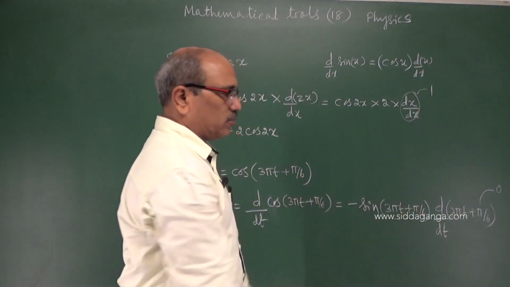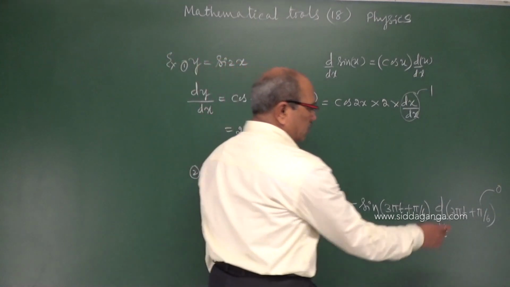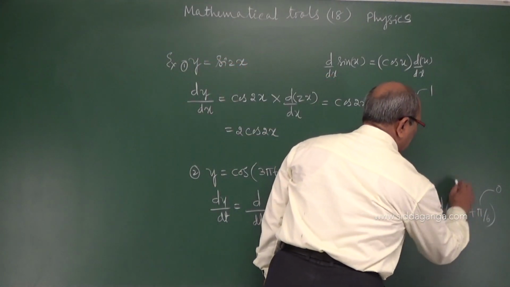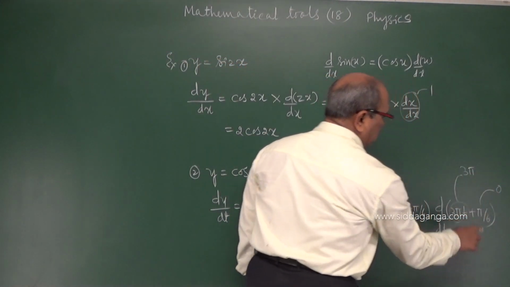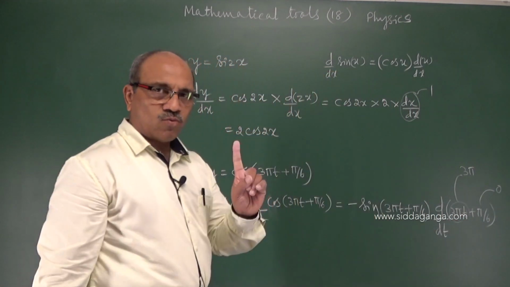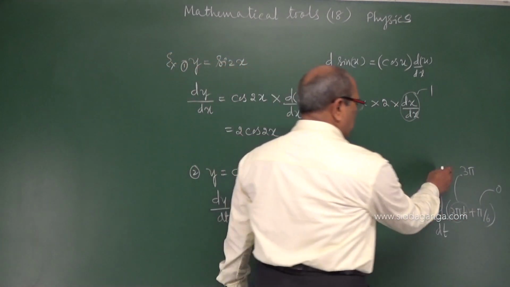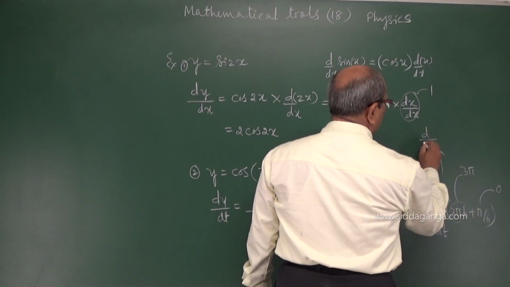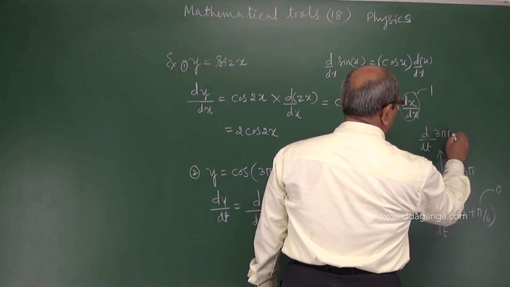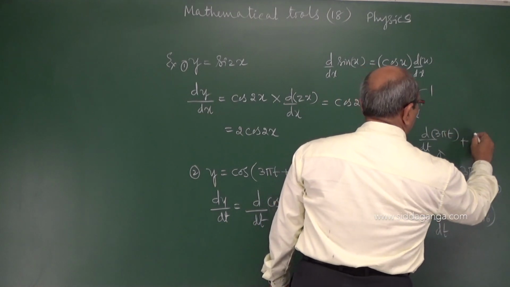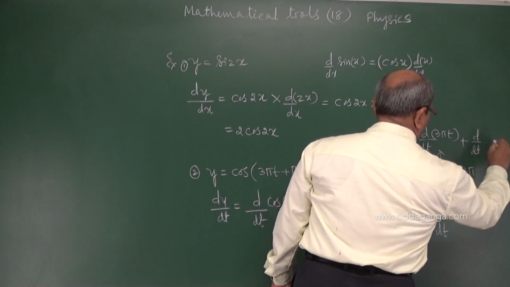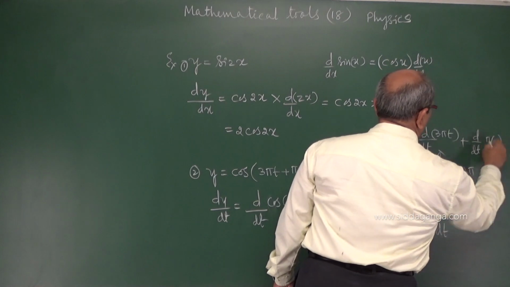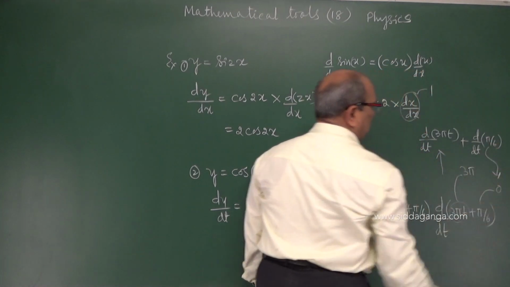If I split and observe, 3 pi remains as 3 pi because differentiation of t becomes 1. If I expand and show separately, it is d by dt of 3 pi t plus d by dt of pi by 6. As this is constant, its value is 0.